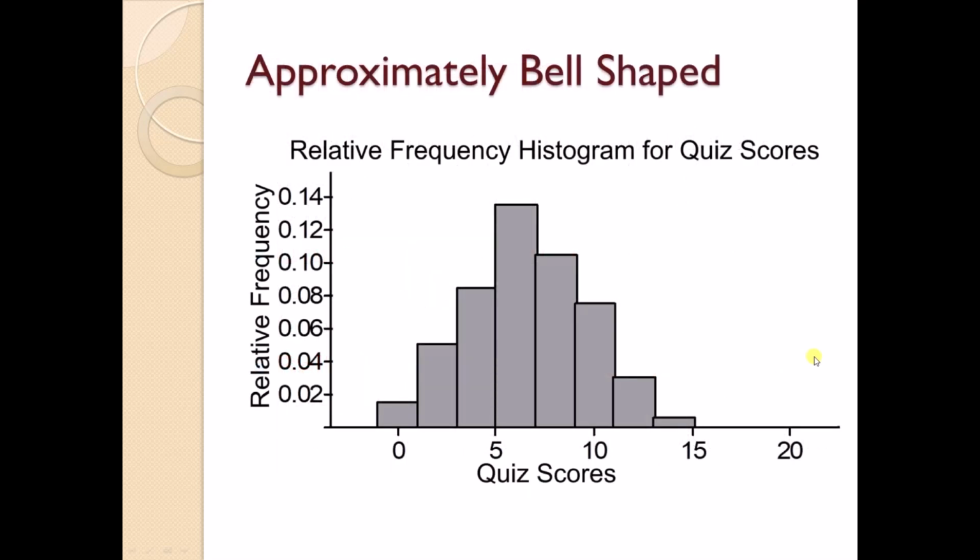So looking at this histogram, and we'll cover this in a few days, it's shaped kind of like a bell. So let me go ahead and get the shape emphasized for you. Let's see if I can make sure this works. Okay, here we go. And it just goes up and comes back down.